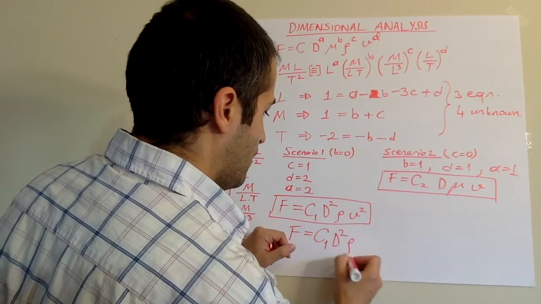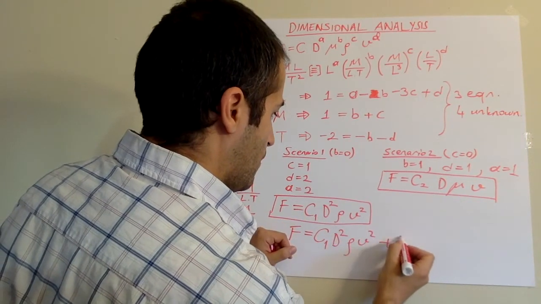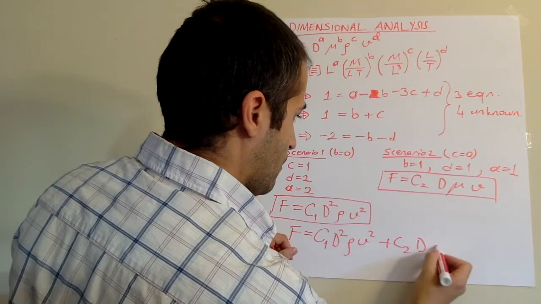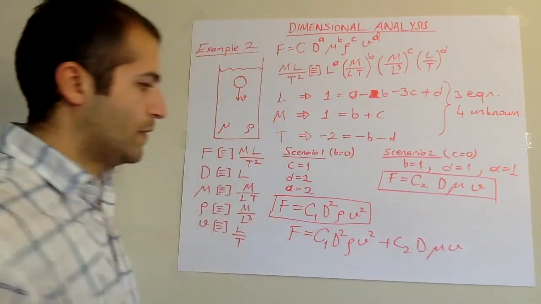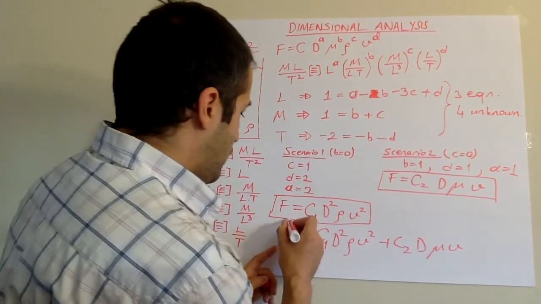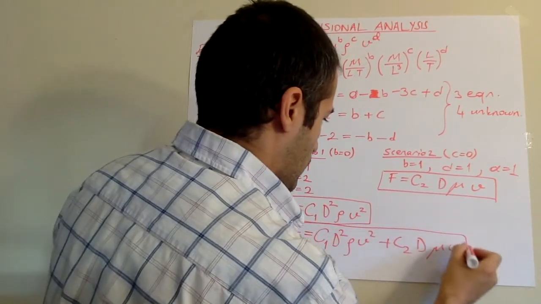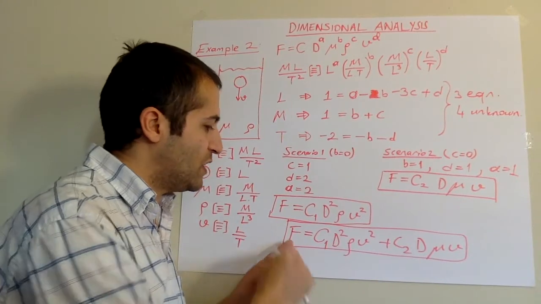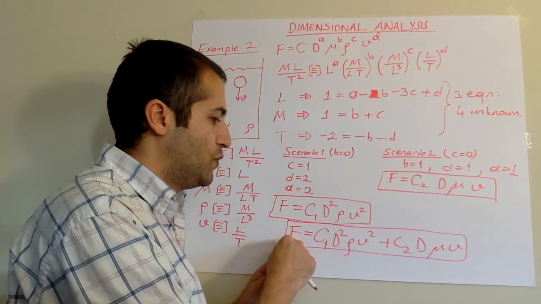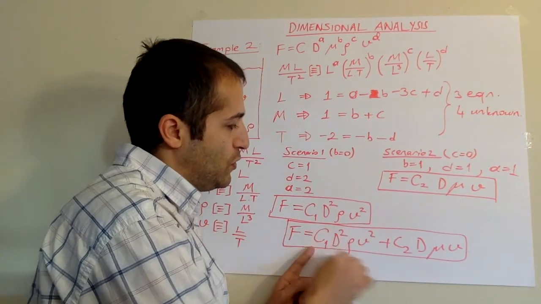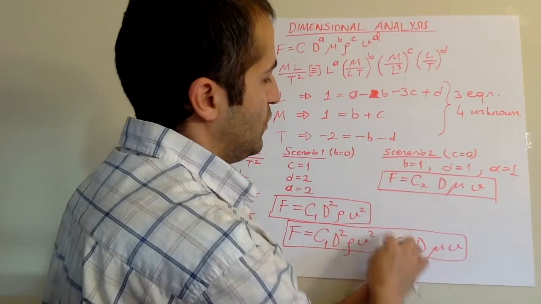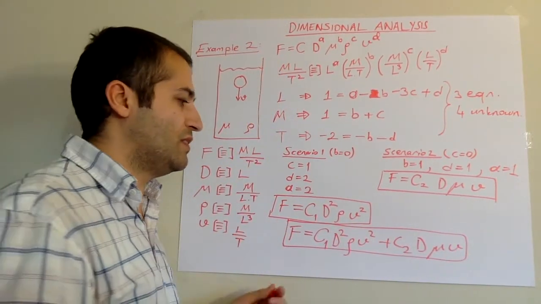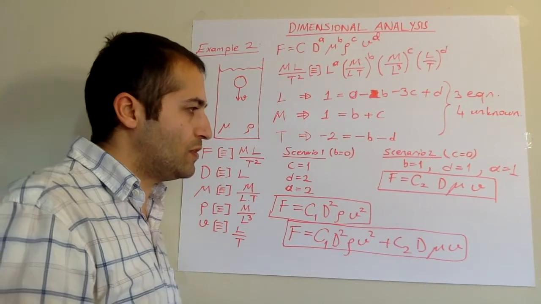If I add these two terms, I'm going to have a formula for the force which is consistent in terms of the units, because the unit of the left hand side is the force units, and the unit of this first term is force units, and the unit of the second term is also newtons, which is force units.